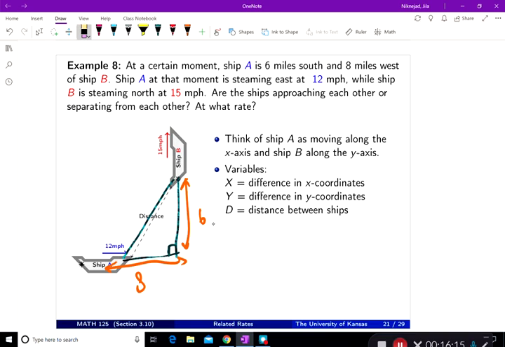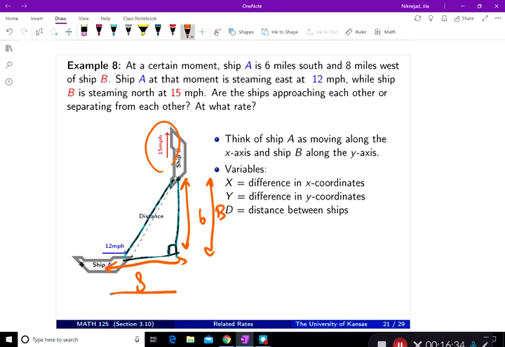Over here we know about that 15 miles per hour going north, so the distance over here, whatever that is, I can call that B, is changing, but at that instant it's 6.